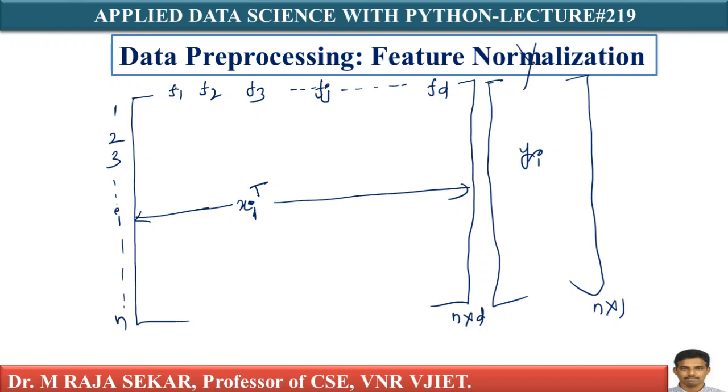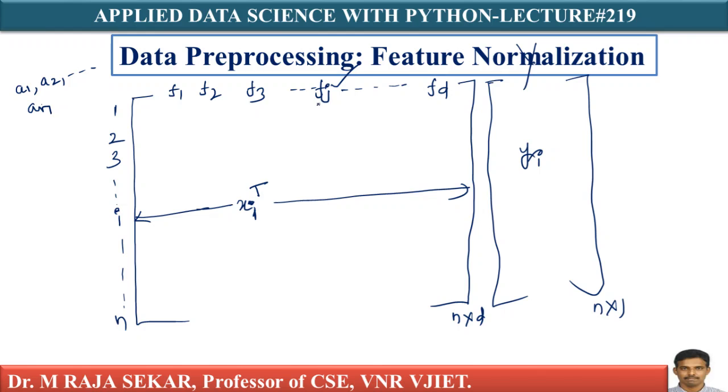So you take all values corresponding to these features. Let me assume I have values a1, a2, and so on, an. These are the values. Let me say fj is my feature.